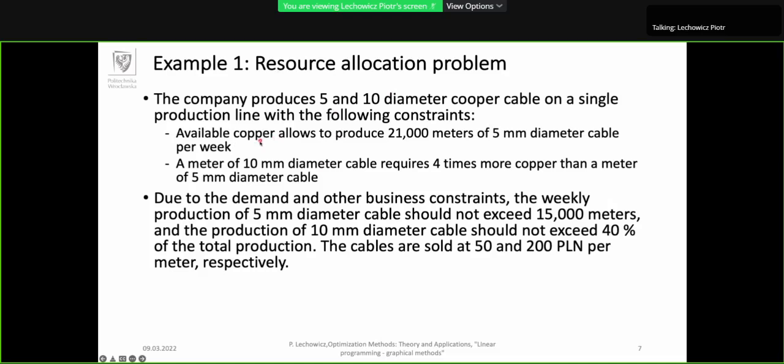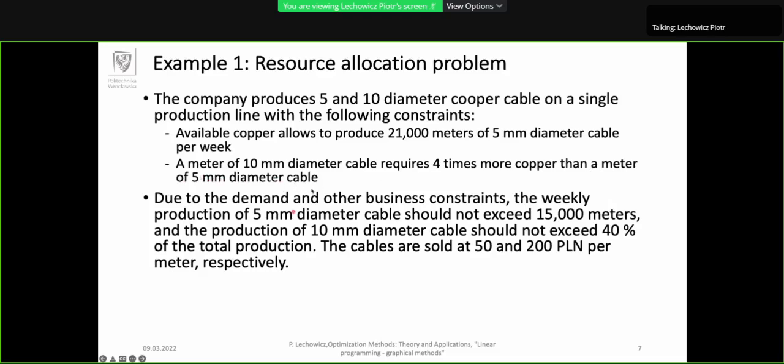The copper which we obtain from the supplier allows us to produce 21,000 meters of 5 millimeter diameter cable, or 4 times less 10 millimeter diameter cable.